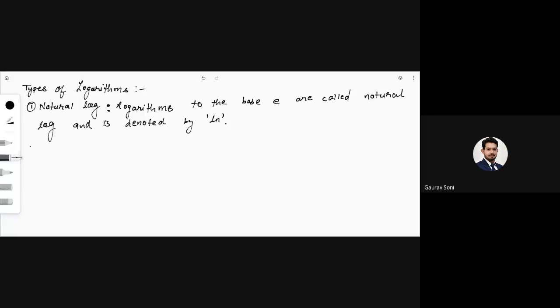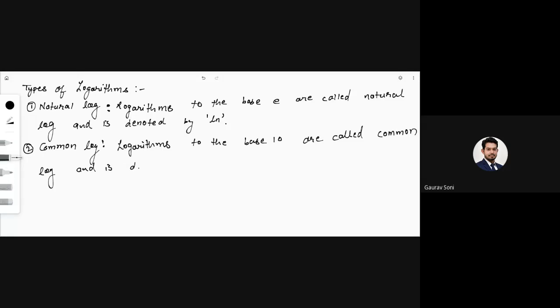And there is another type of log which is common log. Logarithms to the base 10 are called common log and are denoted by log.